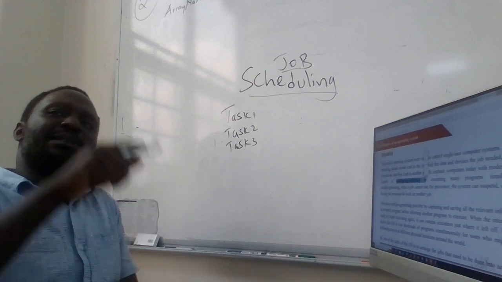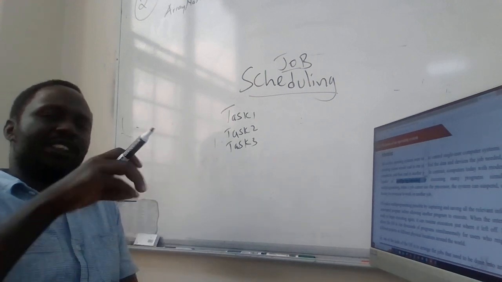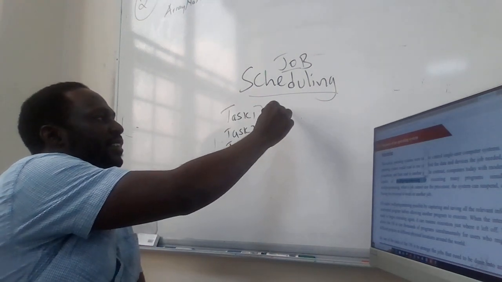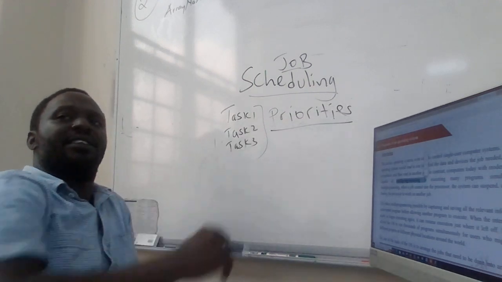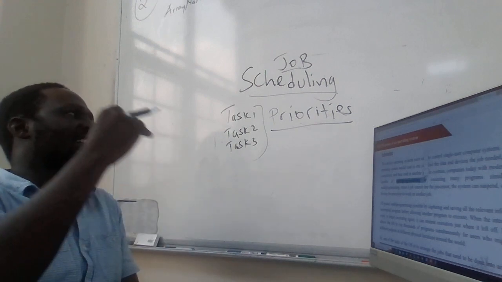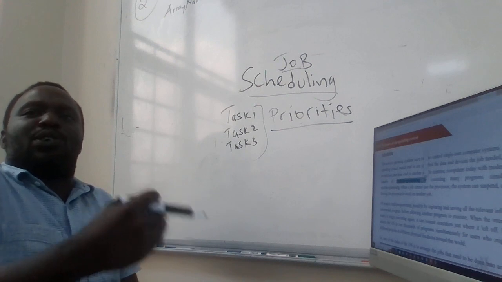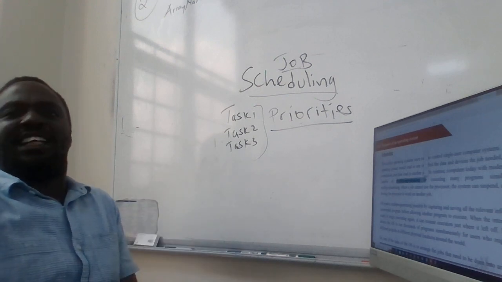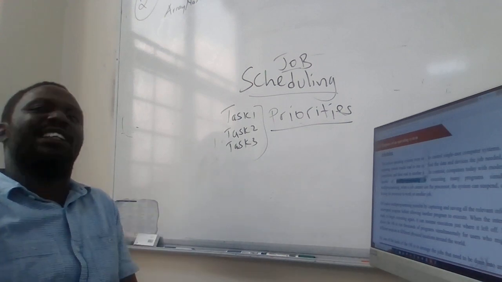The operating system chooses the task to be performed, or the order in which they should be performed, by assigning what you call what? Priorities. It assigns priorities to the tasks. It attaches what we call importance. This is more important than this one. This one is more useful than this one. This one is more needed.